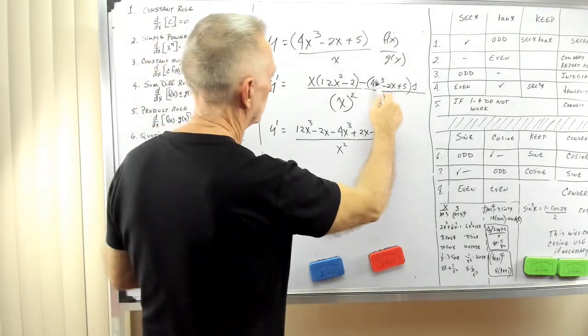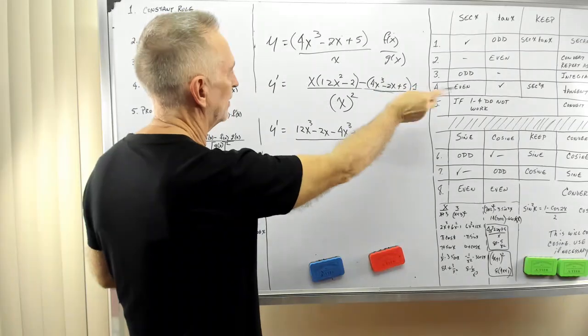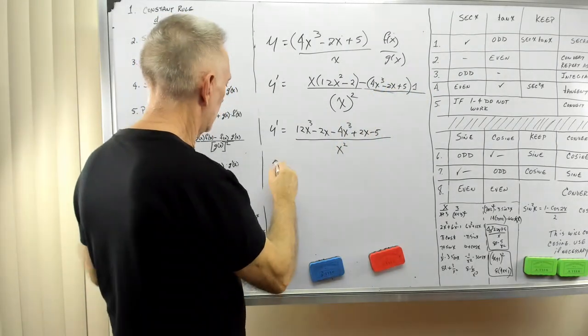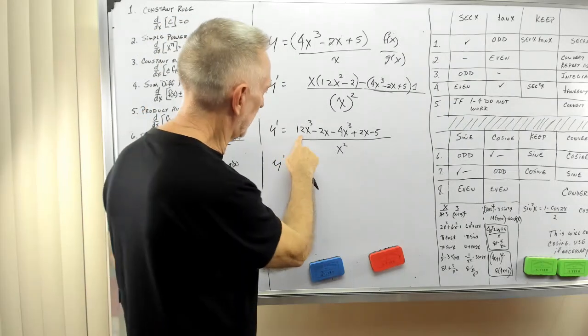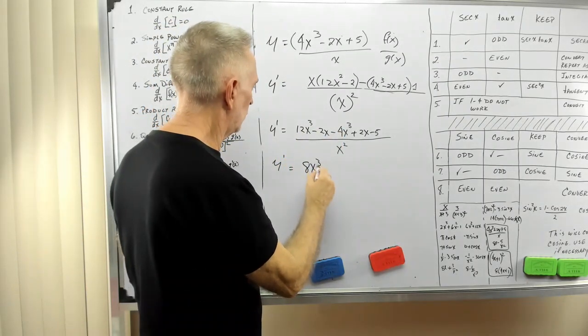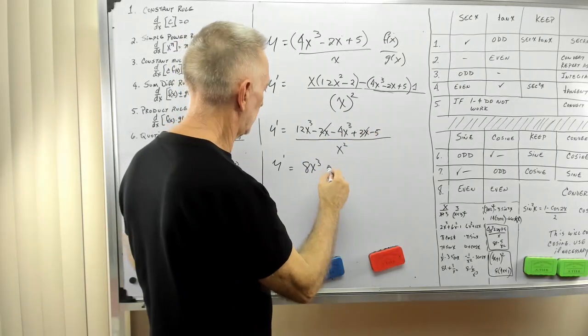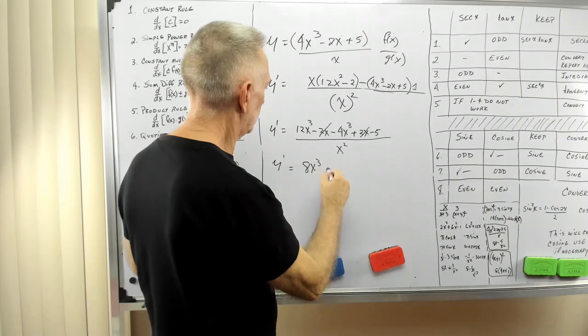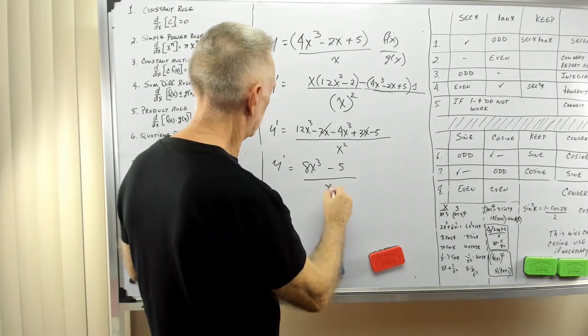Okay, this 1 obviously just, if I distributed that in, everything's the same. Okay, y prime equals, let's collect our terms, 12x cubed minus 4x cubed, 8x cubed, negative 2x and a positive 2x, those cancel, 8x cubed minus 5 over x squared.